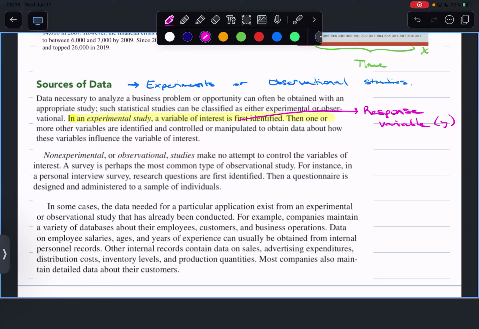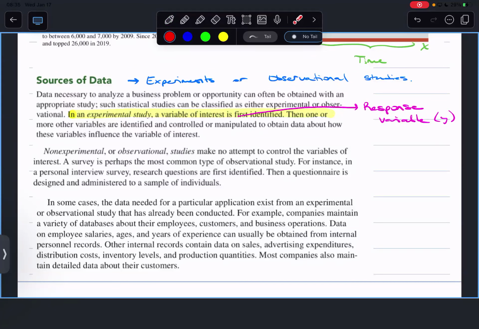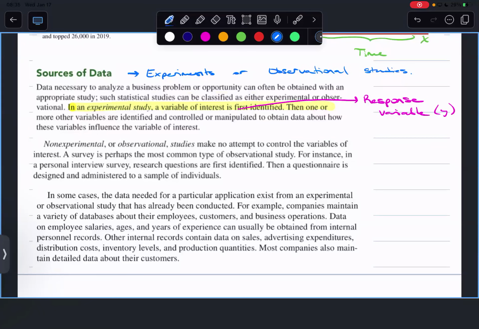All the other variables are going to help you figure out what makes changes in the response variable. But the main thing is to identify the response variable. Then you can say, now I think that this variable is going to affect changes in this y or response variable. So this is in an experiment.